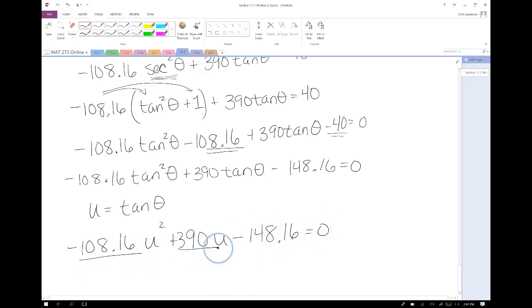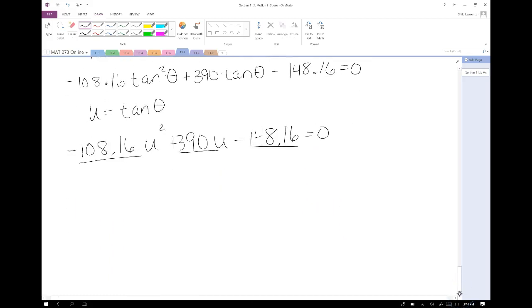So I've got a squared term, a linear term, a constant term equals 0. And then we can solve this pretty easily with our quadratic formula or using a graph. And we will get answers for u. I'm just using my calculator to find these values. Anytime you have an expression equal to 0, you can type that expression in for y equals in your calculator and look for the x-intercepts, because x-intercepts are the same as zeros.